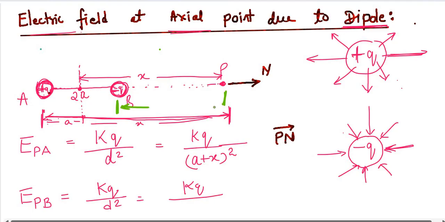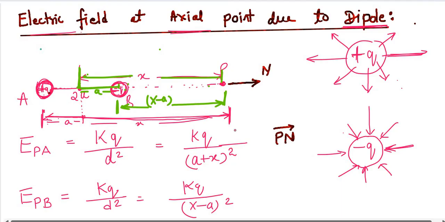If you look carefully, the total is x and half of the dipole length is a. Draw it on your paper. From here to here is a, and from here to here is x. So BP, think about it, isn't it x minus a? So it is kq by (x minus a) squared.